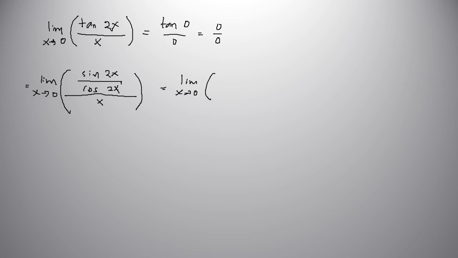Then we can simplify our function as sine 2x over x multiplied by cos 2x.